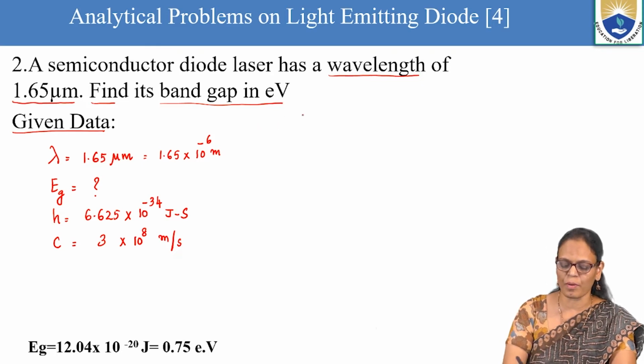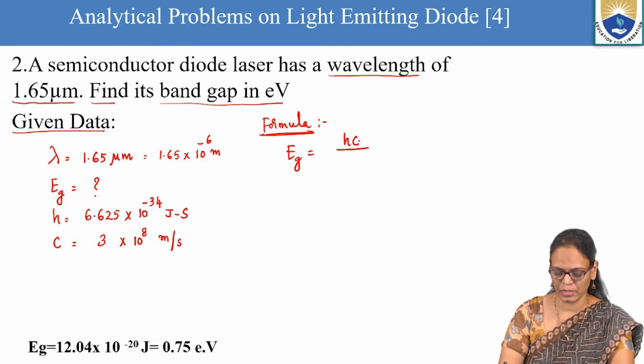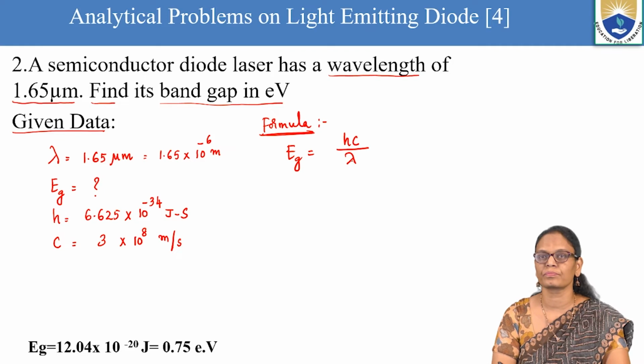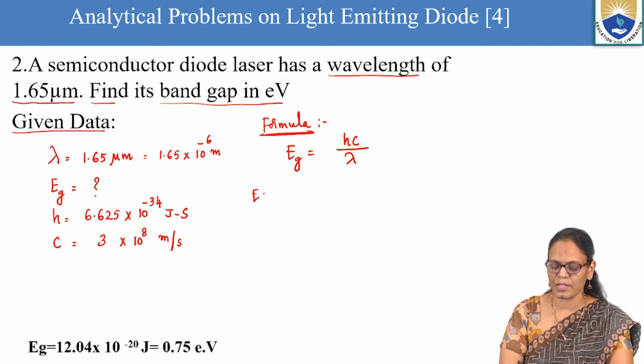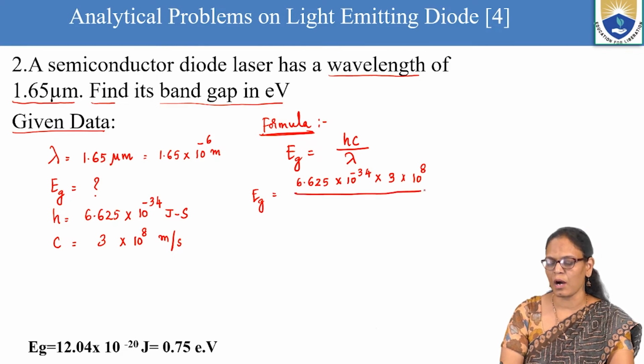So what is the formula we are going to use here? Eg is equal to hc by lambda. Just substitute the values of h, c and lambda. 6.625 into 10 power minus 34 into 3 into 10 power 8, that is C, upon lambda.